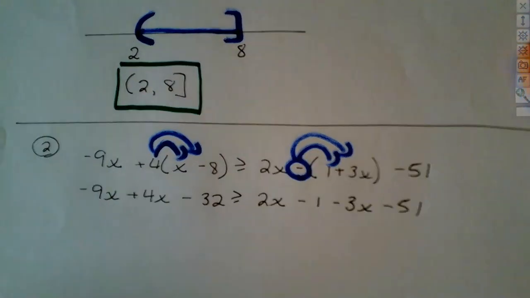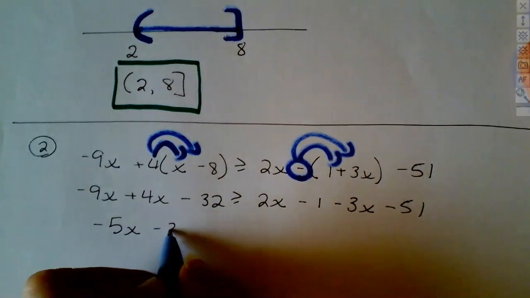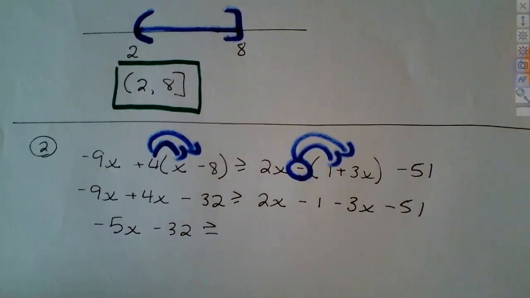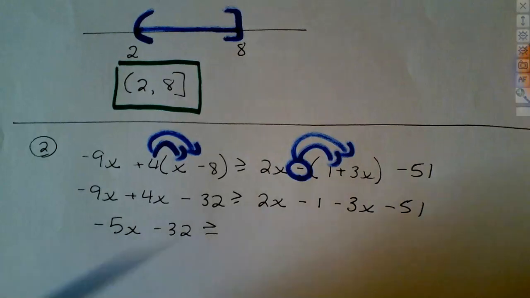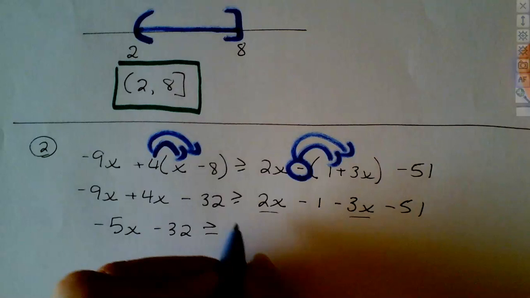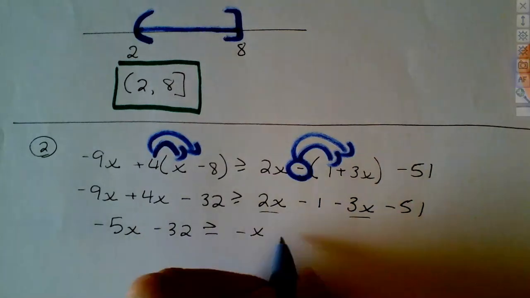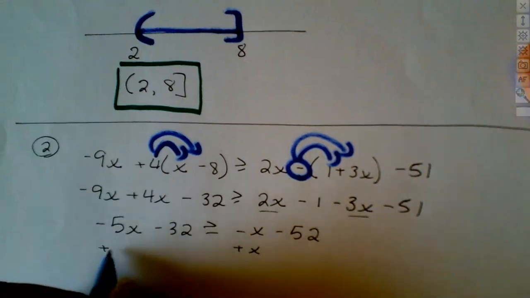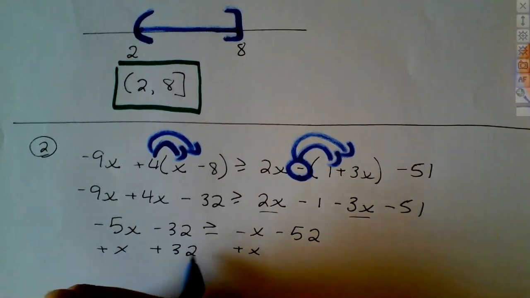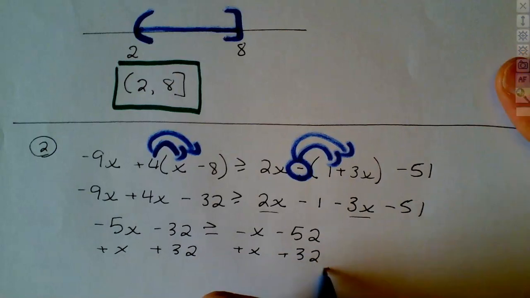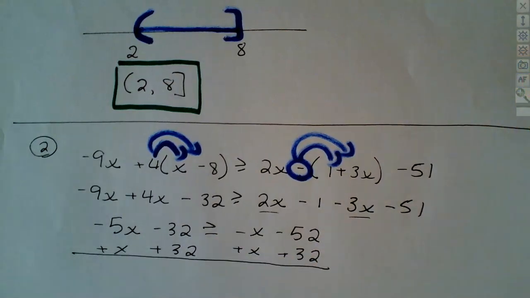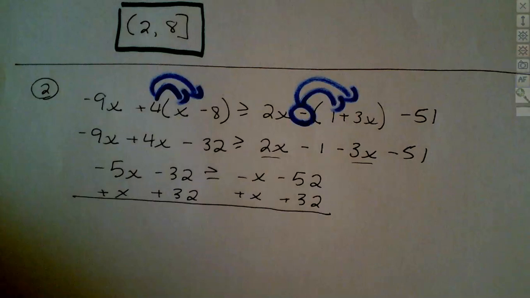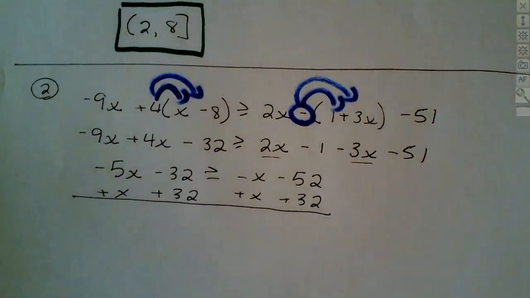Combine like terms together, and we have minus 5x minus 32 is less than or equal to, on the right-hand side, we put the x's together, and it looks like it's minus x minus 52. So we'll add our x over and add our 32 to the right-hand side. Now, you should be able to do multiple steps at once like I did here.